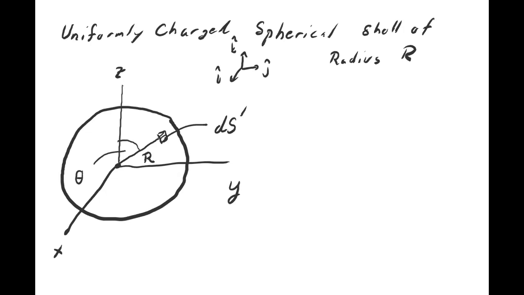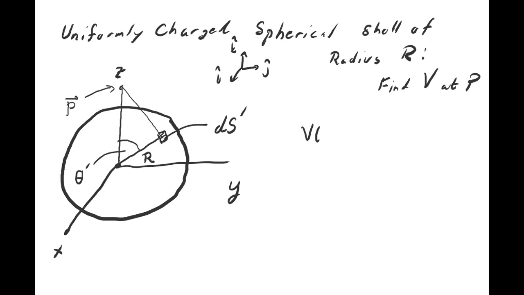We'll call that theta prime. And then there's a vector that goes from ds prime, the differential surface element, to some point on the x-axis. And let's call that point on the x-axis P. So given this system, what we want to do is find the electrostatic potential at point P.